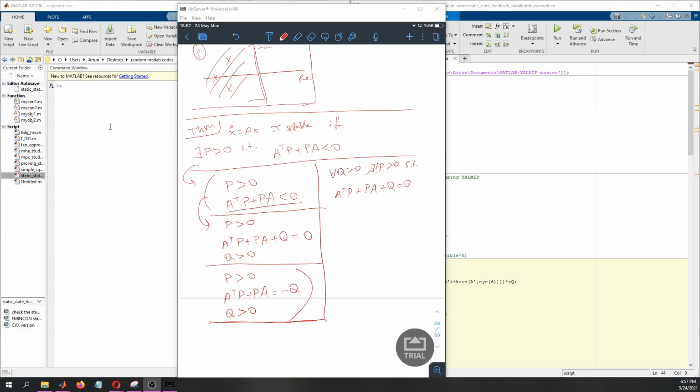Now, the numerical or computational aspects of determining stability: how will we go about proving that a given system is stable? First, you can just check the eigenvalues.